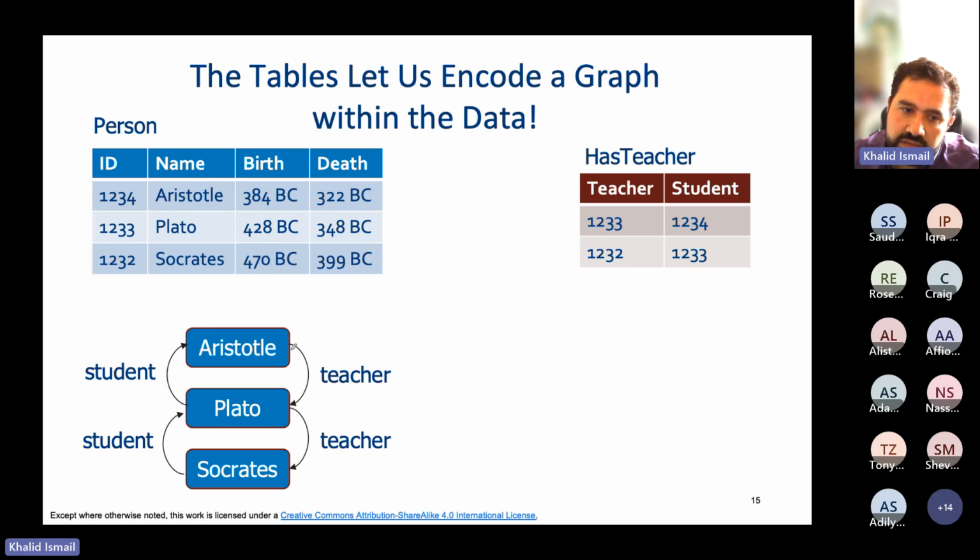We can draw a graph that represents the data encoding here: Socrates has a student, which is Plato, and Plato has a student, which is Aristotle. And if you go the other way around, Aristotle has a teacher, Plato, and Plato has a teacher, Socrates. Okay, any questions so far?